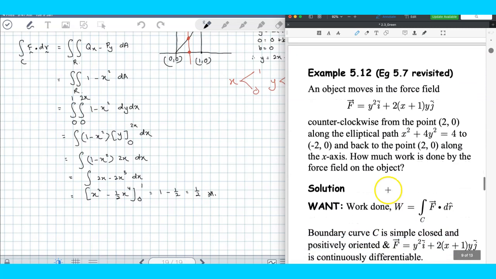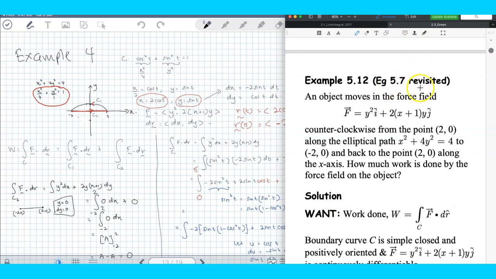Okay, remember last time you can look at our previous example. In the notes it is stated as 5.7, but I don't remember the name of the example we have for this one. Maybe I can check. Just a second.